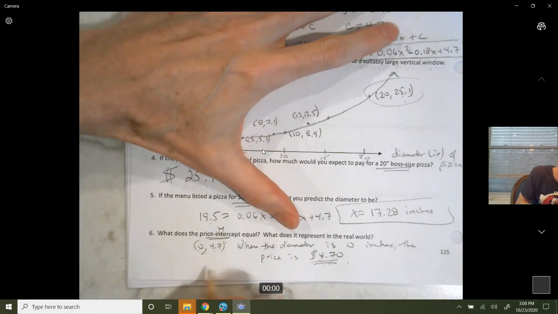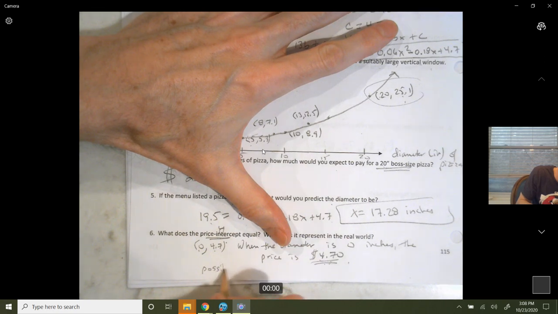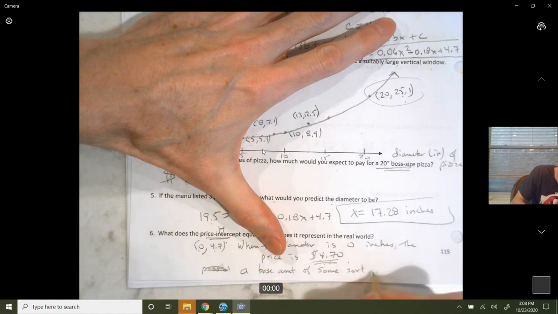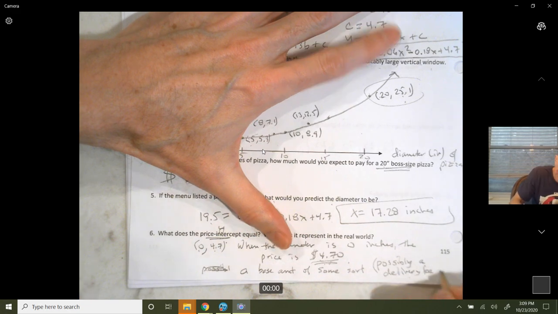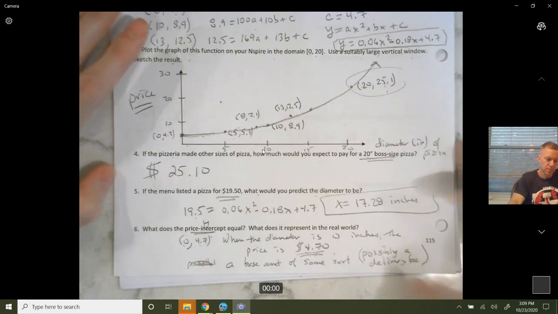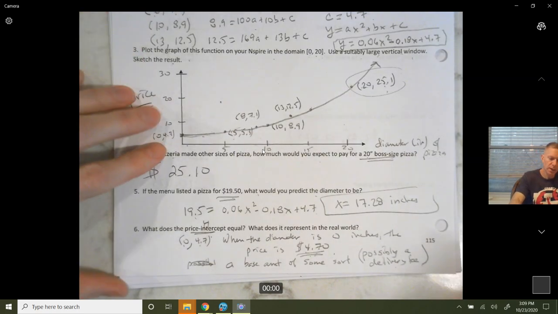So I would say it's a base amount of some sort. Possibly a delivery fee. Or it could be some kind of operational cost for the labor and everything else that's involved. Okay, and that's all, folks.